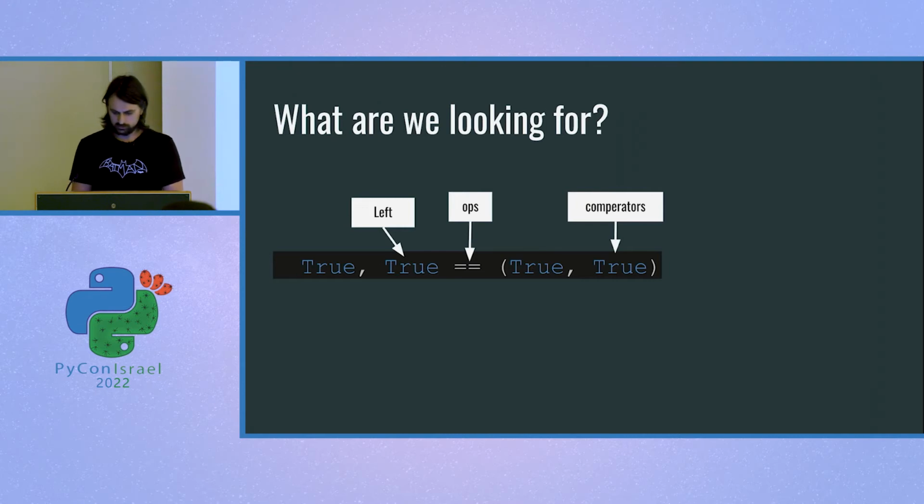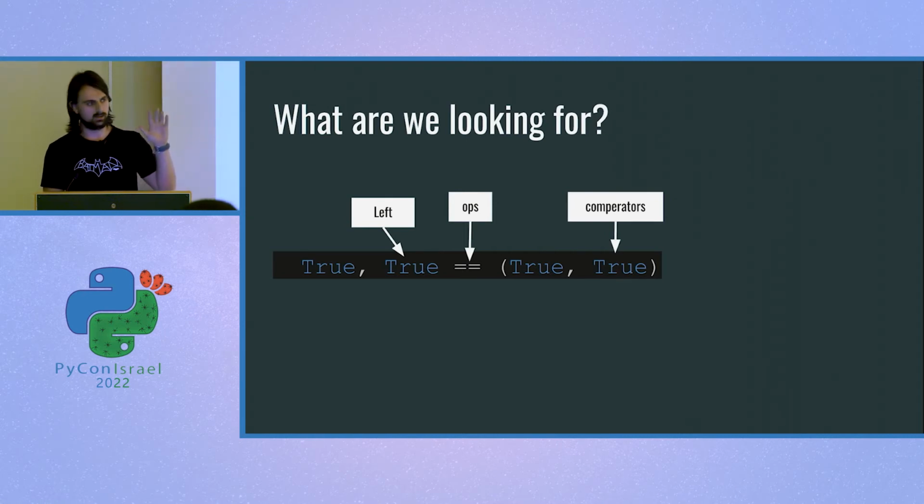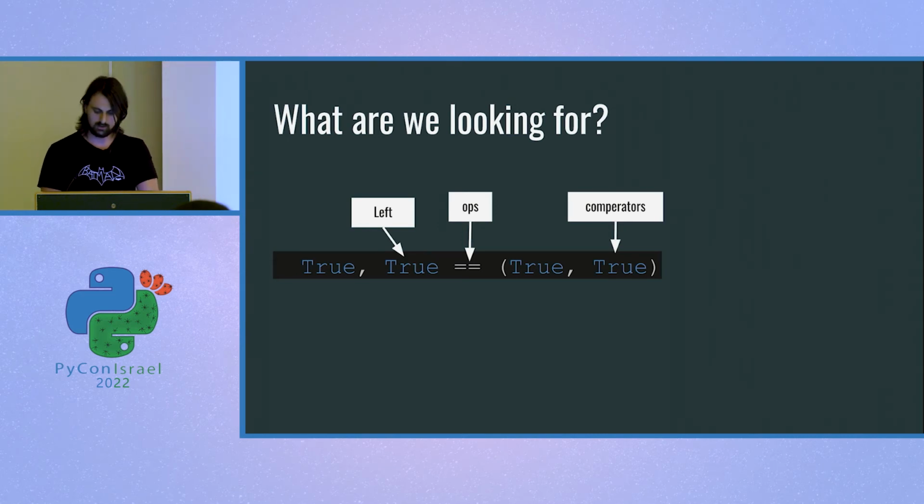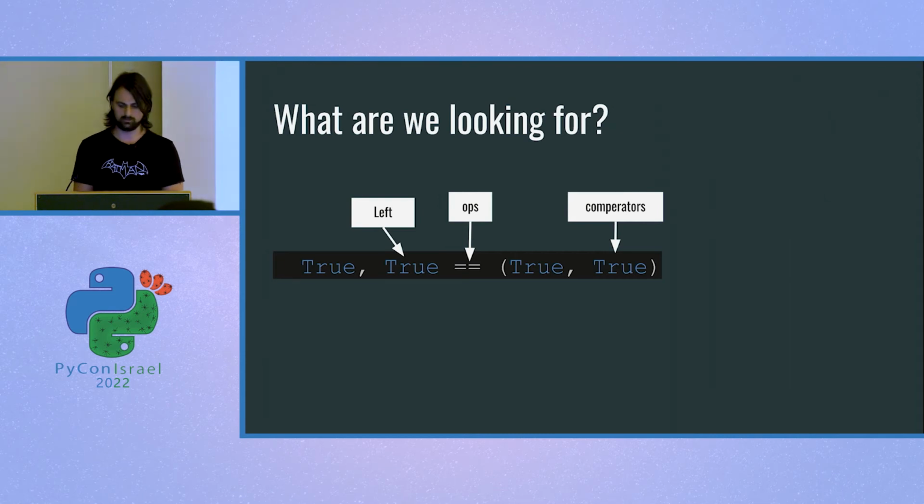We're looking for a comparison, but as we see in the AST, a comparison consists of a few parts. We have a left, which is the left-hand side of the equation. We have the ops, which is the operator itself. In this case it's an equal, but it might as well be a not equal, a greater than, or a lower than. We don't care. It's an operator of sorts. And we have the comparators, which are the right-hand side of that equation.